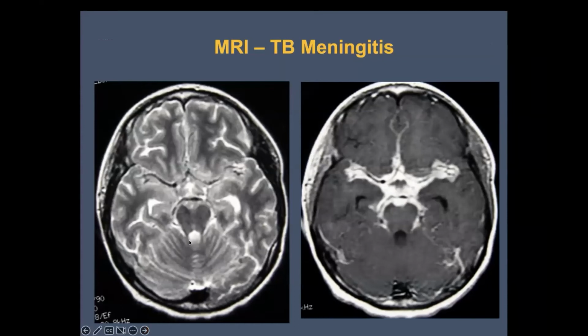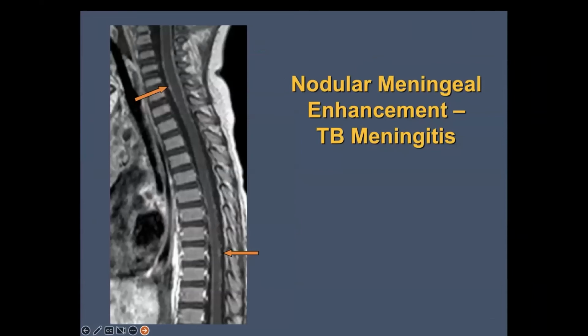On non-contrast MRI, you really don't see much with tuberculous meningitis. So you really do need to give gadolinium if you're looking for tuberculous disease in the CNS. And here you can see the profound enhancement once again around the basal cisterns and around the circle of Willis. And you'll also get enhancement in the spine.